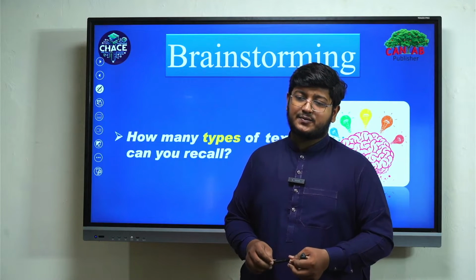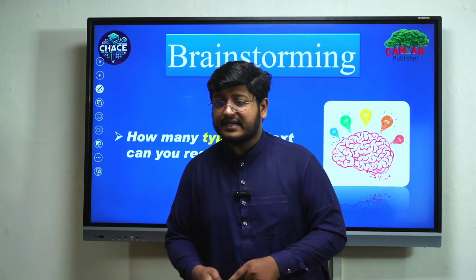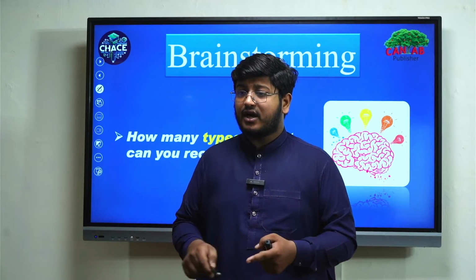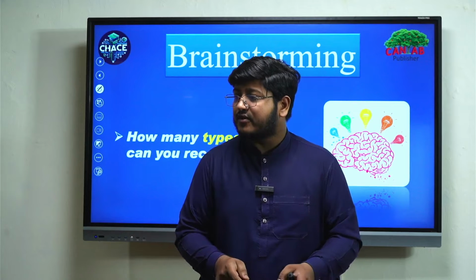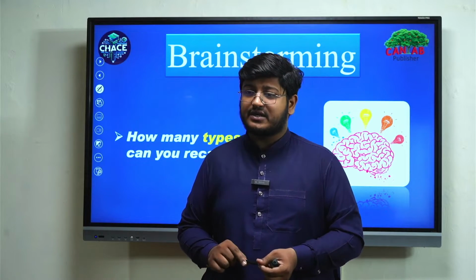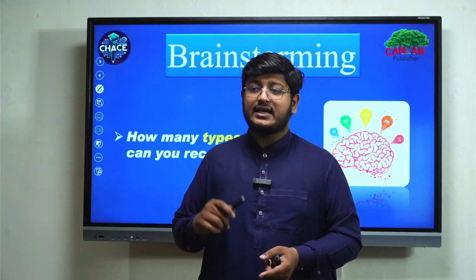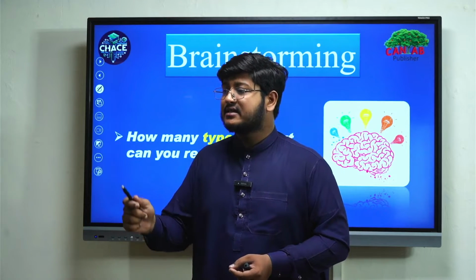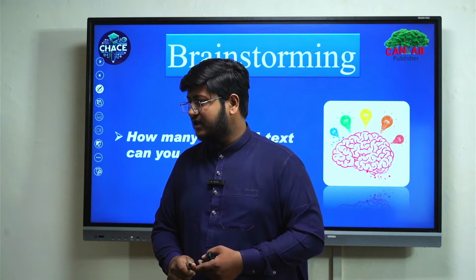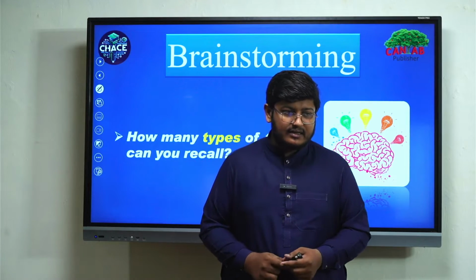What is meant by expository text? As it is clear with its name, if we are going to expose something with detailed, specific information about it, it means that we are writing an expository text. And the second name of expository text is informational text. Is that clear?